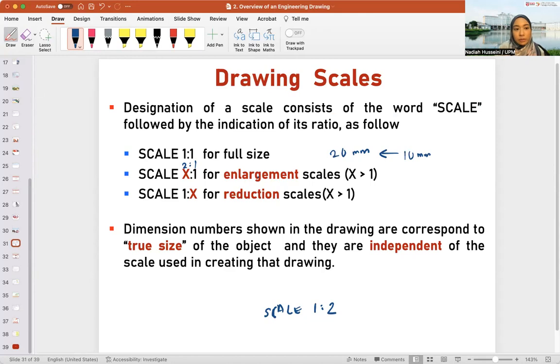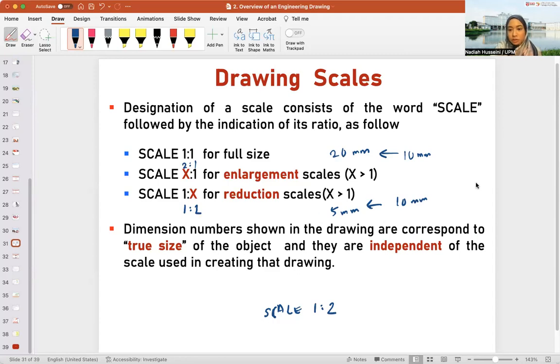For example, the one that we saw just now was 1 to 2. Our drawing is smaller, but our actual size is bigger. Contohnya 10 mm. Sorry, kita nak tentukan sama je kan. Objek kita 10 mm. So, kalau scale saya 1 to 2, then my drawing would be 5 mm. Okay.